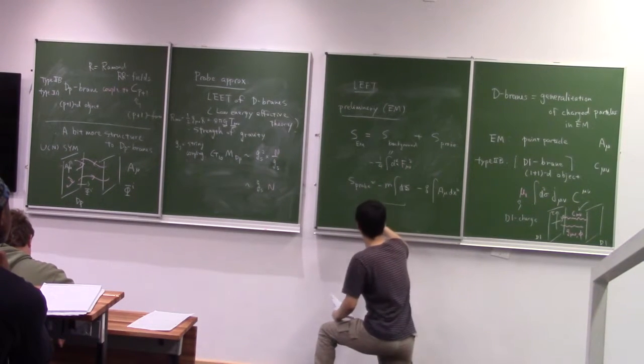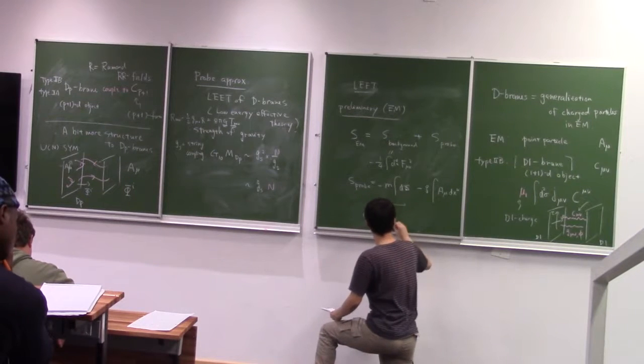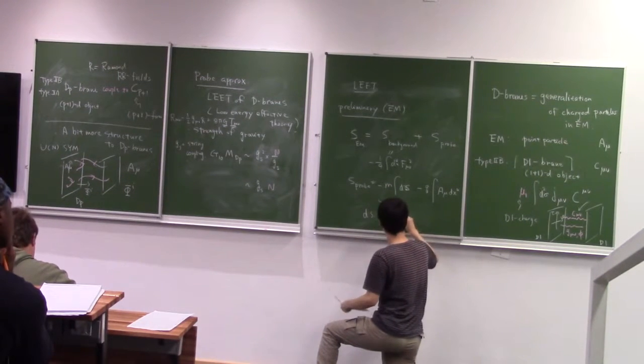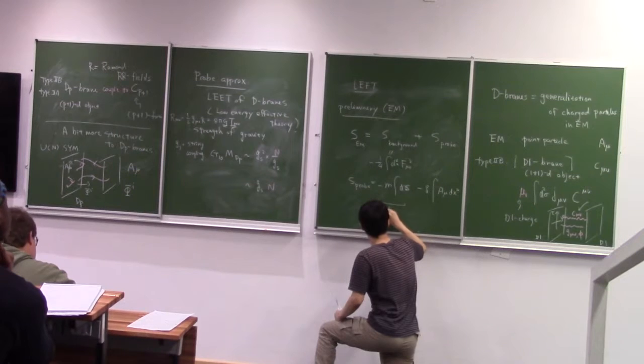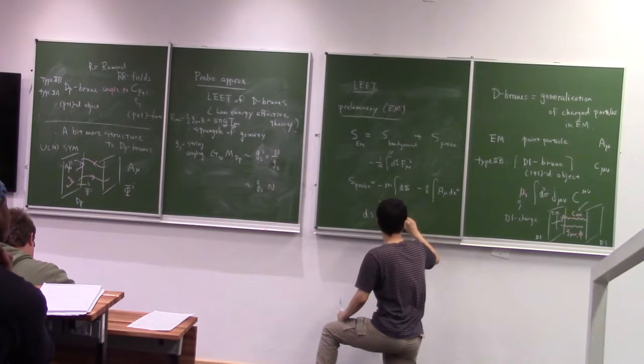And the ds is d tau minus g mu nu dx mu dx nu over d tau.